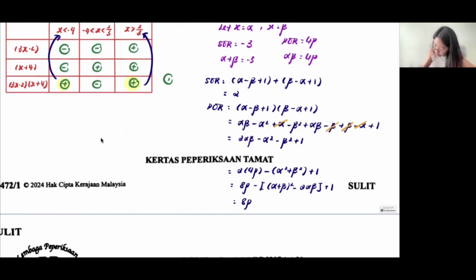This one a bit long, huh? So negative, alpha plus beta is negative 3, and then this is 4p, then plus 1. So 8p minus 9 plus 8p plus 1. So this is 16p minus 8.